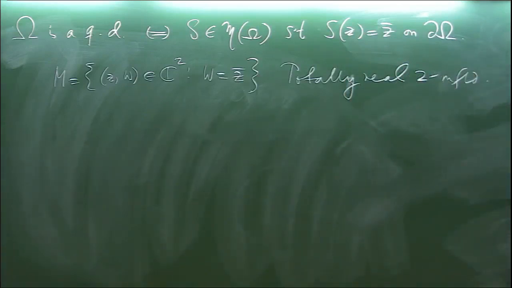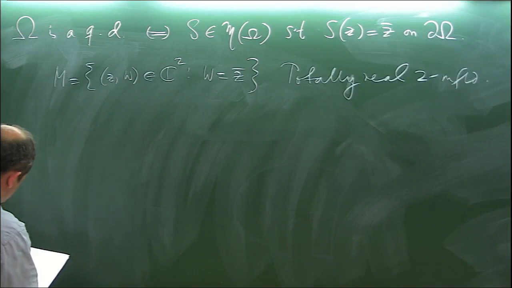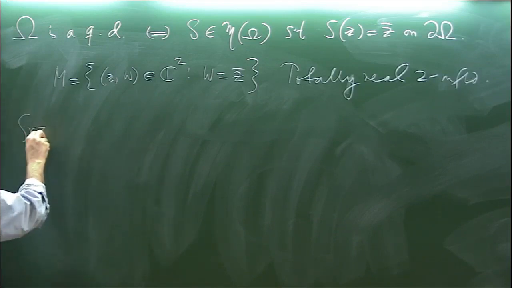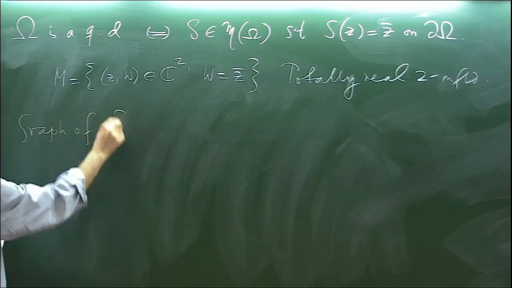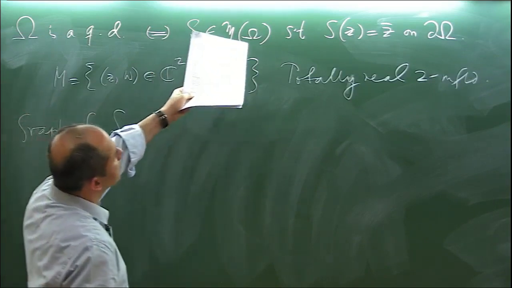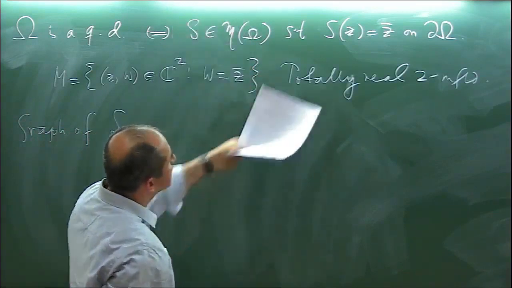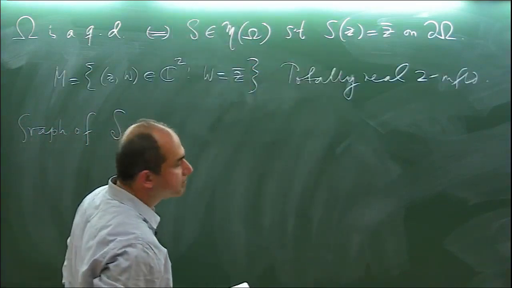And the idea is, let's look at the graph of S. So S is a function on omega, it's a meromorphic function. Some poles are allowed, but it equals Z bar on the boundary here.